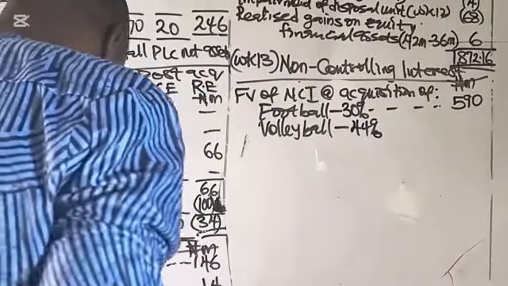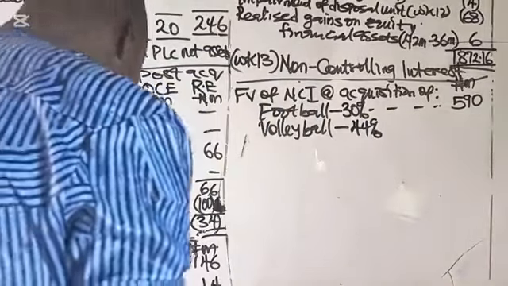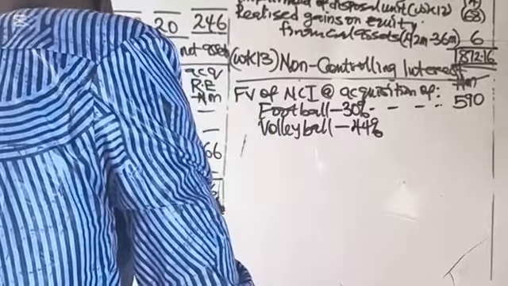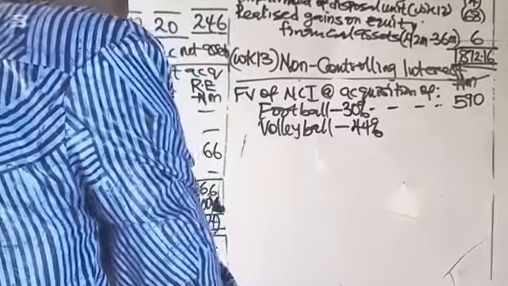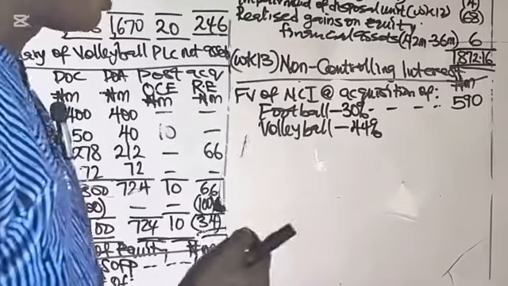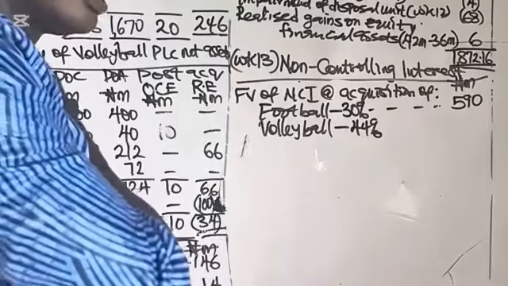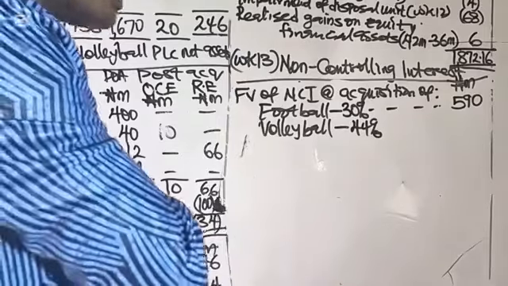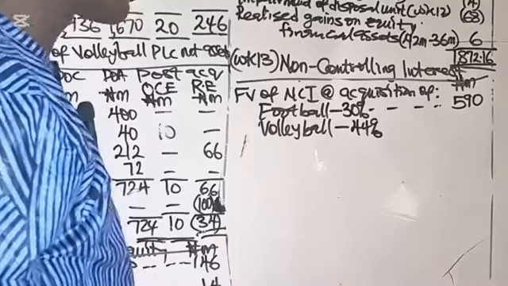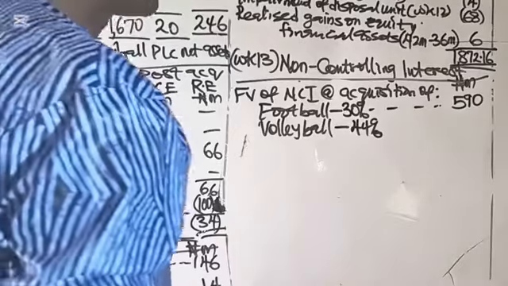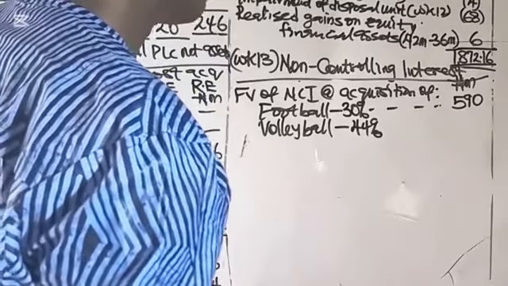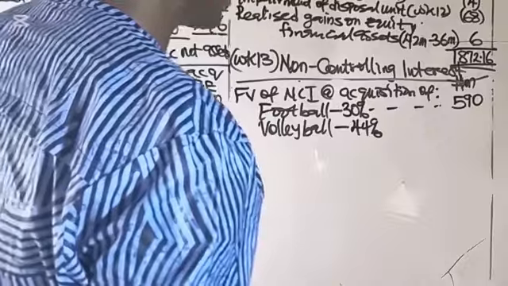Go through the additional information. Number two, we were told on October 1st, 2019, Football PLC acquired 80% of the equity interest of Volleyball PLC. Since acquisition in Volleyball by Football is 80%, the NCI we are interested in is not 20%, because when the effective interest of Sport in Volleyball was determined, we obtained 56%.